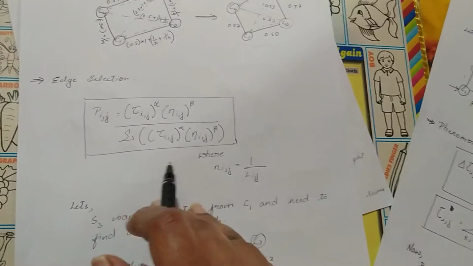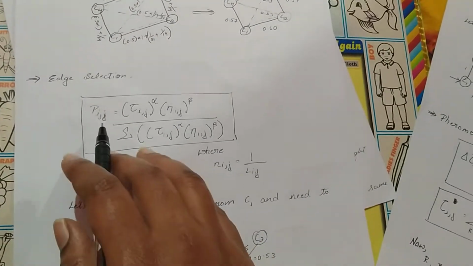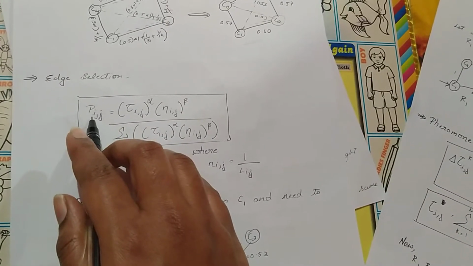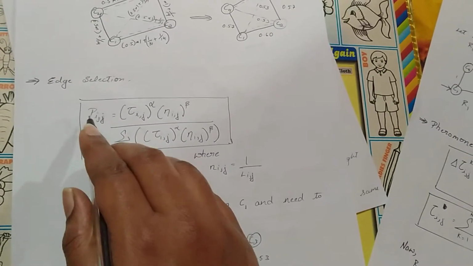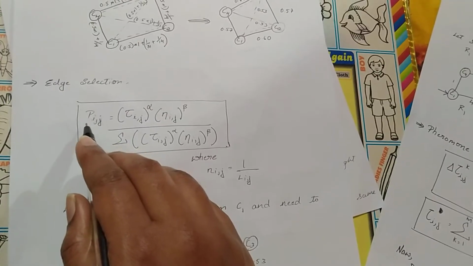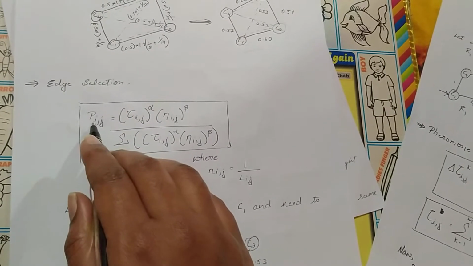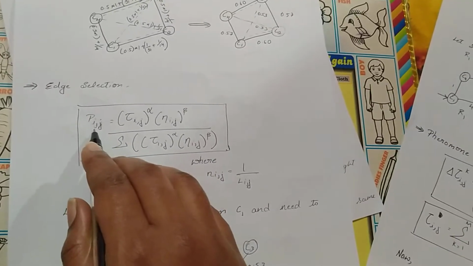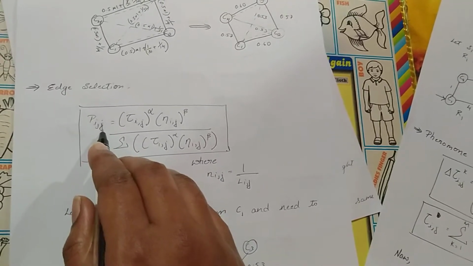So this is a formula where Pij means the probability between city C1 and C2, meaning the probability of a particular ant moving from i, for example C1, to C2, that is j.